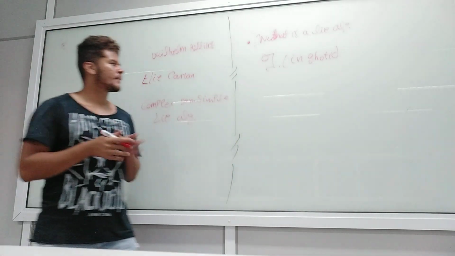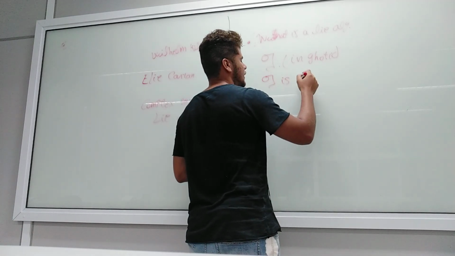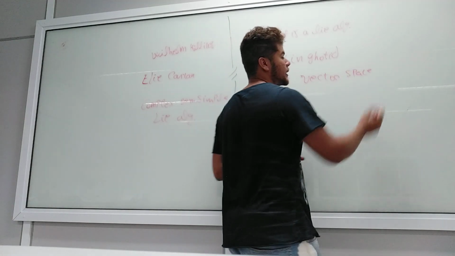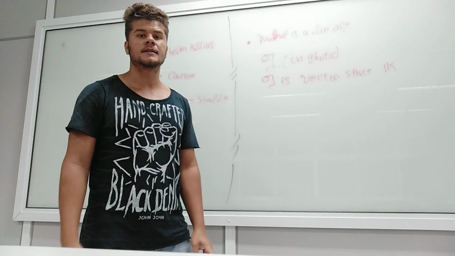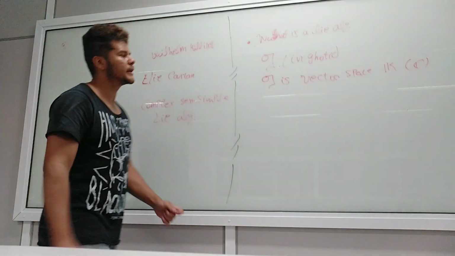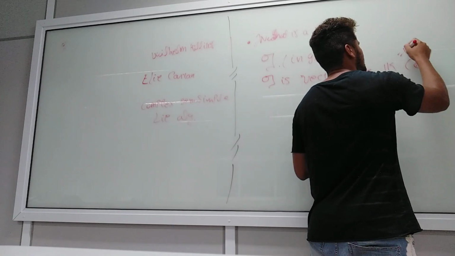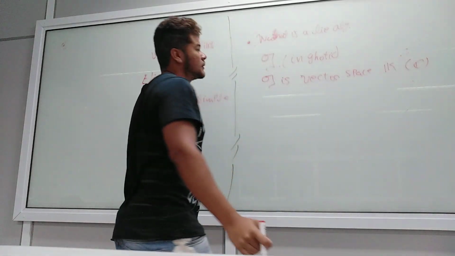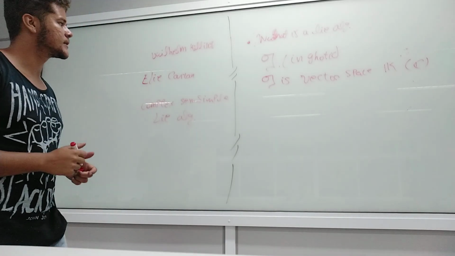A Lie algebra is a vector space G over any field K. In our case, K is equal to C, and sometimes, to give some examples, I use K equal to R. But for our classification, all the algebras are over the complex field.